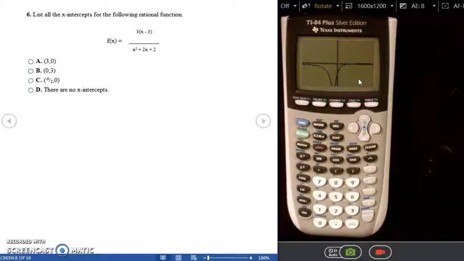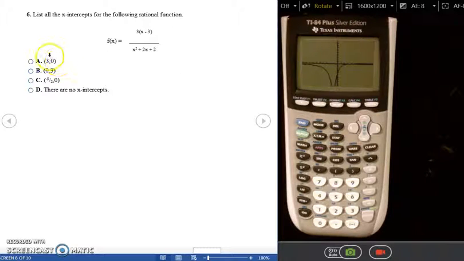Here I'm looking for the x-intercepts, and remember, an x-intercept is always in the form of a coordinate where the y-coordinate is 0 and the x-coordinate is your x-intercept. So the y-coordinate has to be 0, which eliminates B, and D is eliminated because I can see it is crossing the x-axis.